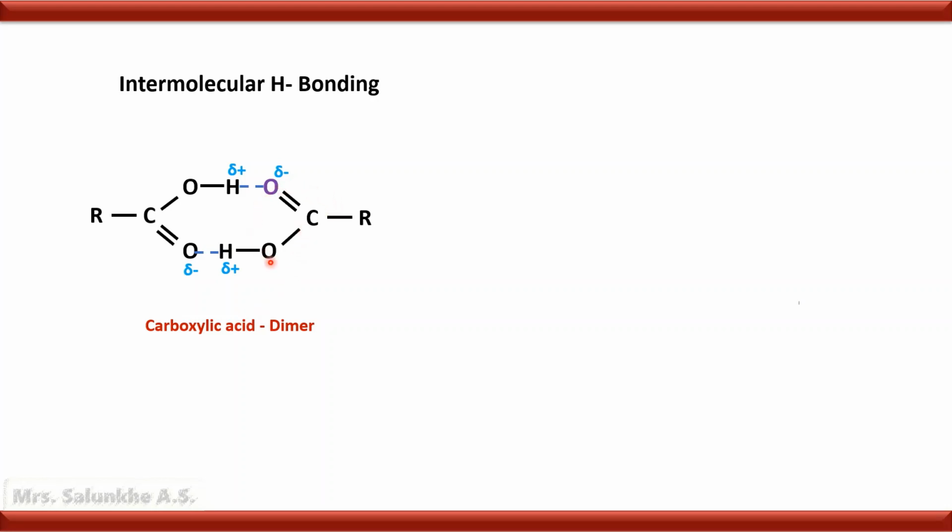That is one molecule of carboxylic acid, RCOOH, and that is another RCOOH, and there is hydrogen bonding between two molecules of carboxylic acid. In the case of intermolecular hydrogen bonding, chemical shift values depend upon the concentration of the solution and the nature of the solvent.